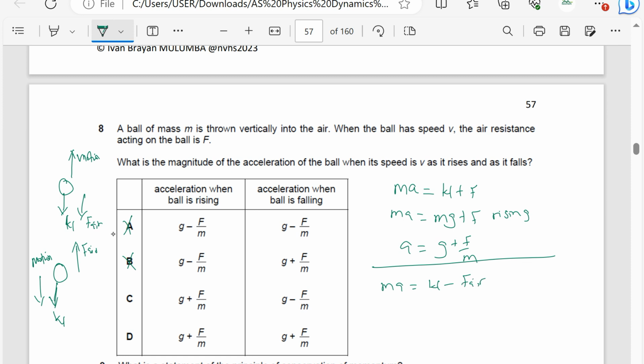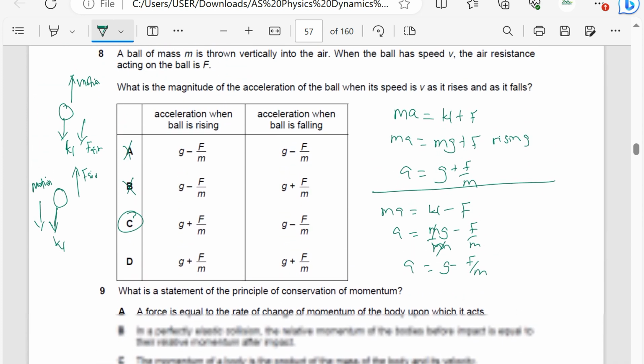But the air resistance is called F, so I'll simply say minus F. So it means ma is mg minus F. Dividing by m, m cancels. So acceleration here is going to be g minus F over m. So this means our answer is going to be C, because this was falling.